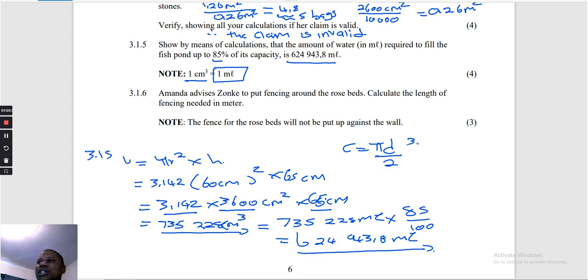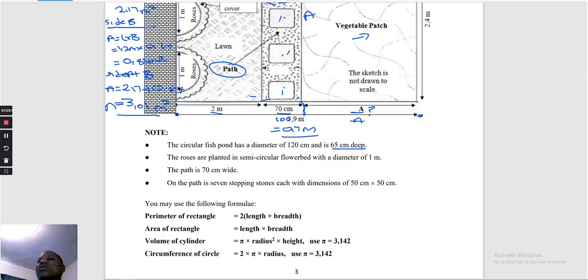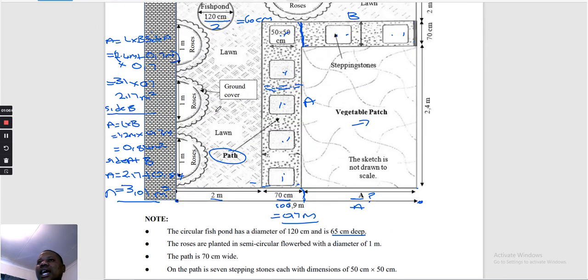So that's going to be 3,142 multiplied by 1 meter, divided by 2. That is 1,571 meter.